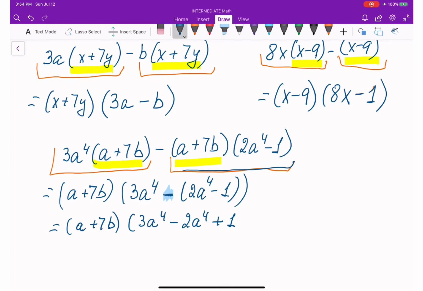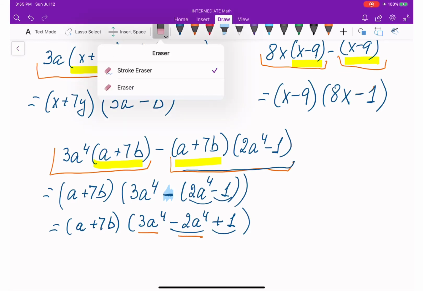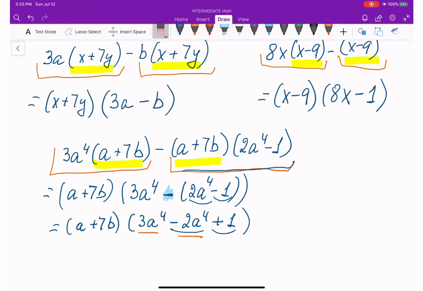2a⁴ was positive, became negative. Negative 1 became positive 1. Okay? Now, lastly, we have two like terms, 3a⁴ and negative 2a⁴. We clean this so it won't be messy.